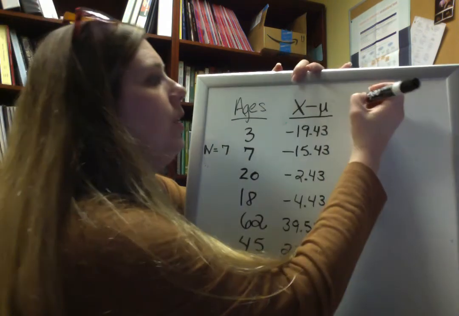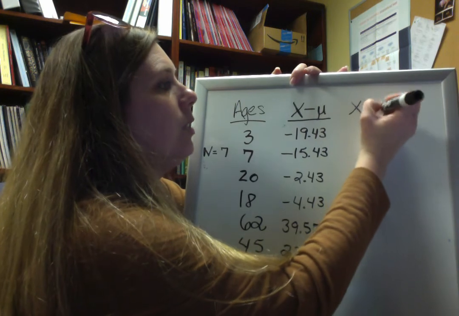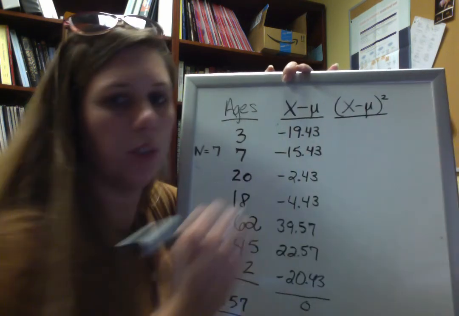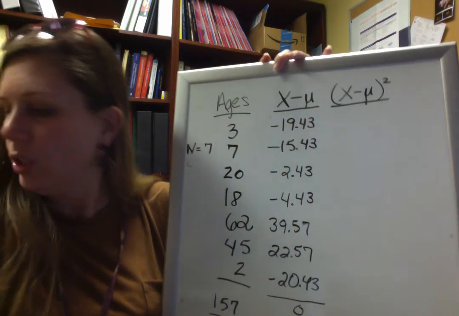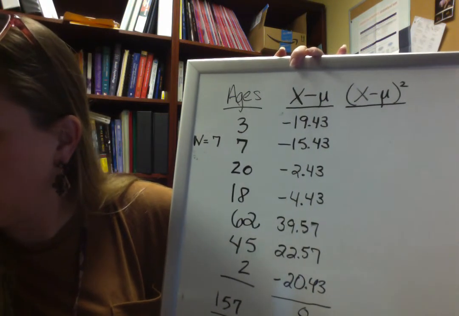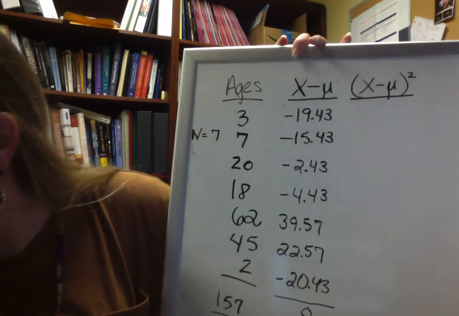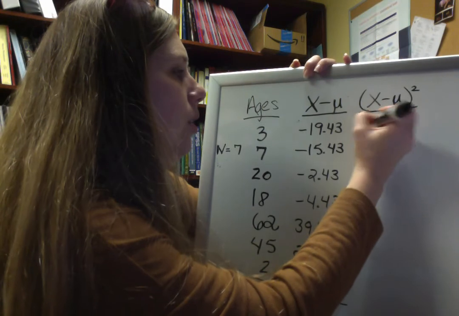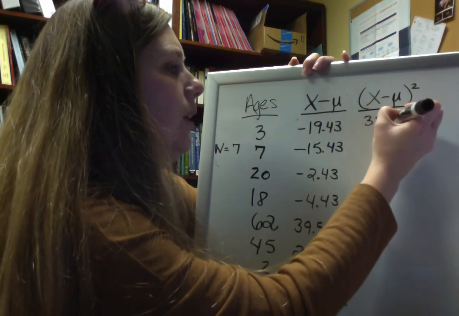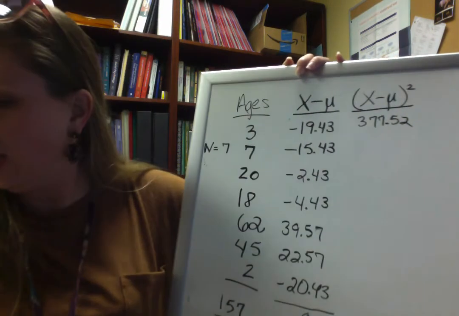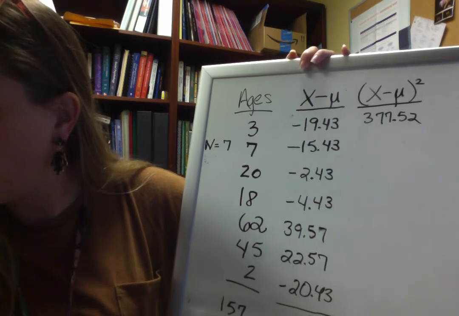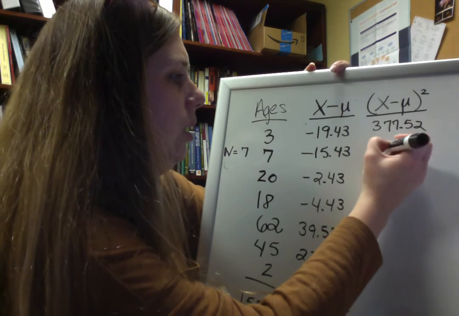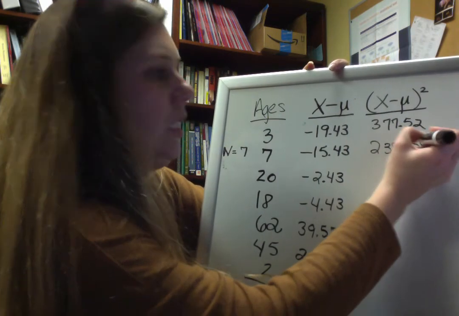Okay, so this is going to be even more fun on my calculator because my third column here, taking all these deviation scores and I'm squaring them. Okay, so we've got 19.43 squared equals 377.52. Okay, 15.43 squared, 238.08.